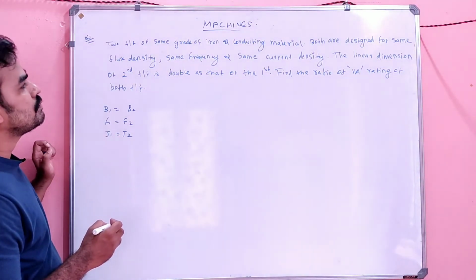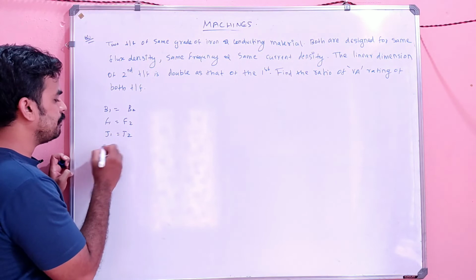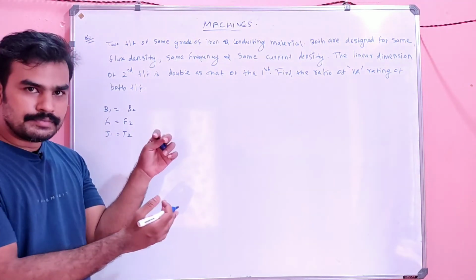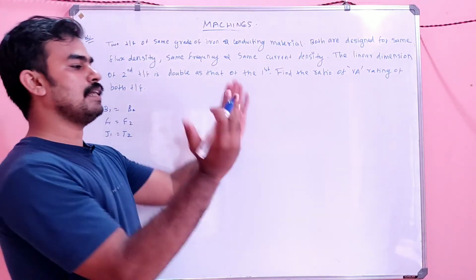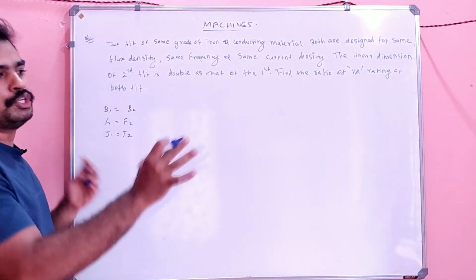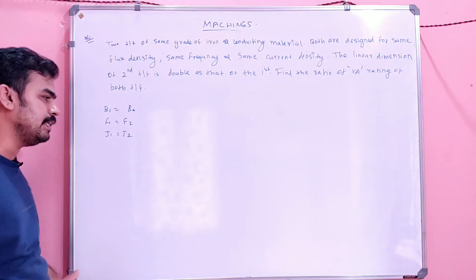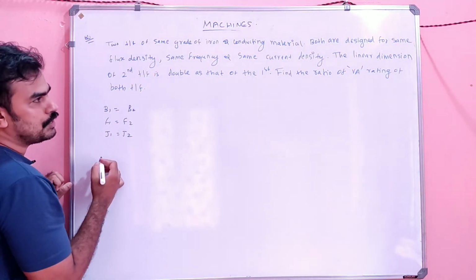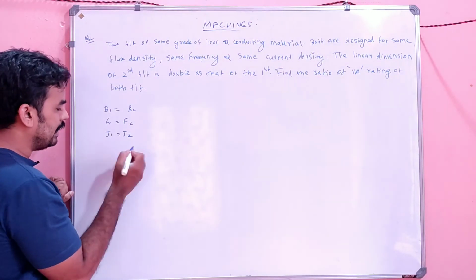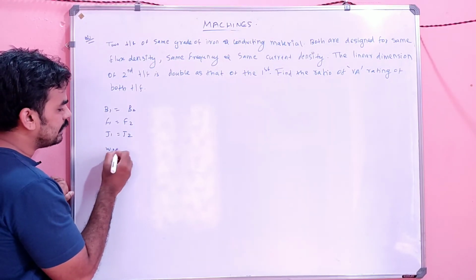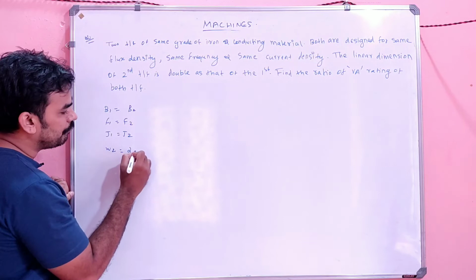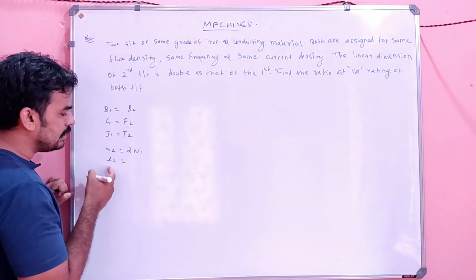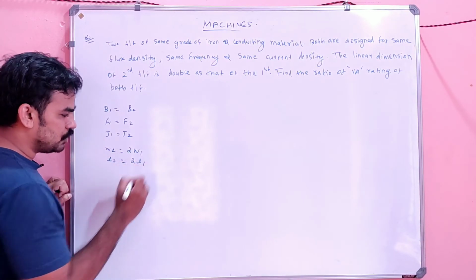The linear dimension of the second transformer is double. Linear dimensions means the transformer has a length and a width, and length into width gives the cross-sectional area. So let the width of the second be W2, double of the first one, and the length of the second be L2, double of the first one.